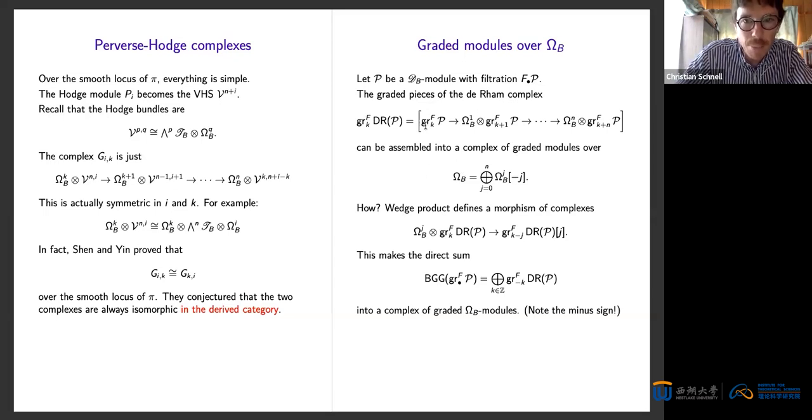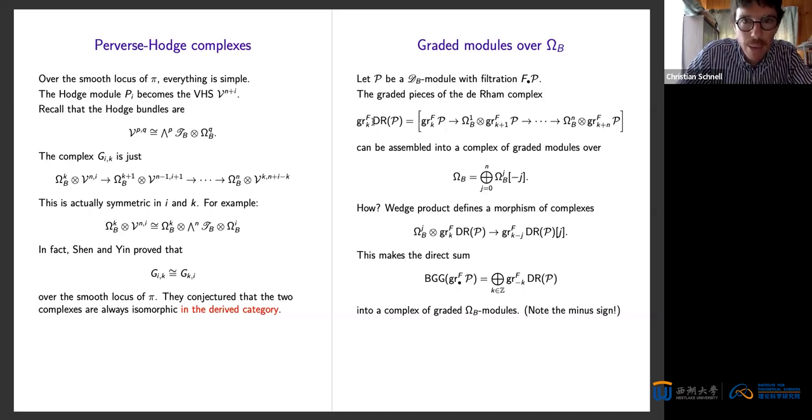So you see here, for example, if I take the first sheaf in this complex GRFK, and I take something in the degree 1 here, so a 1 form, then I can multiply those two things together, and I will go into omega 1B tensor GRFK, which will be the graded piece in degree 1, which will be the next term in this complex, but where K gets replaced by K minus 1. So if I take all of these complexes together, then this omega B will act on them naturally.